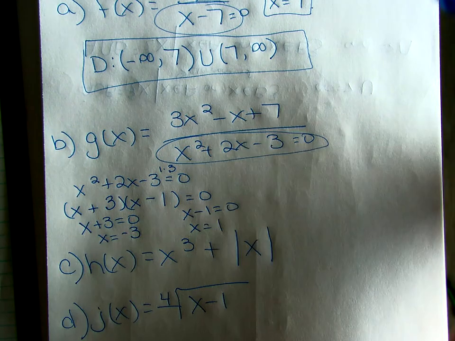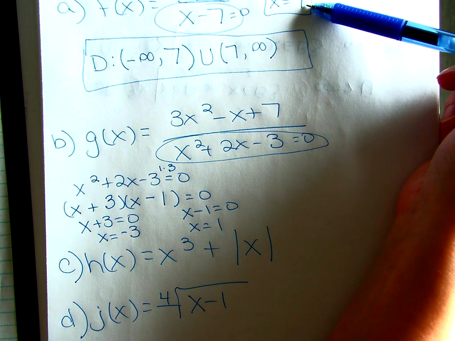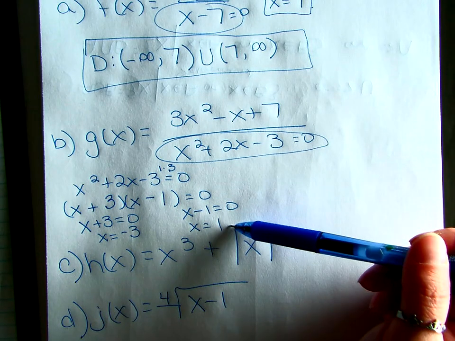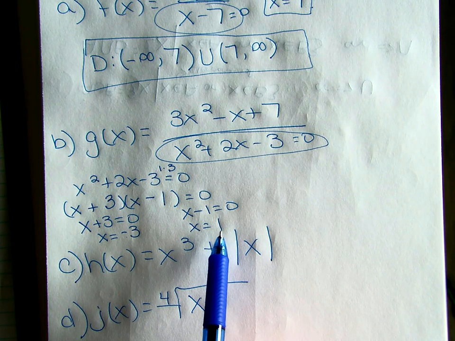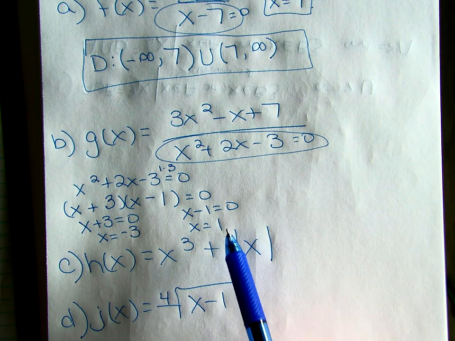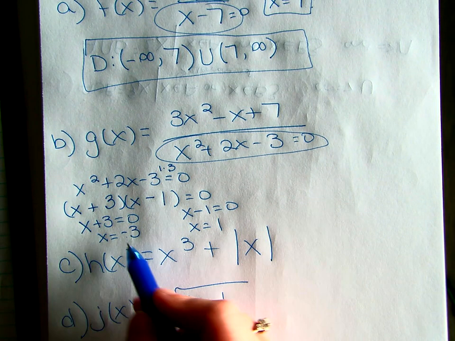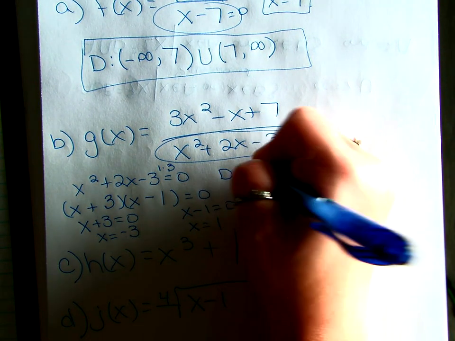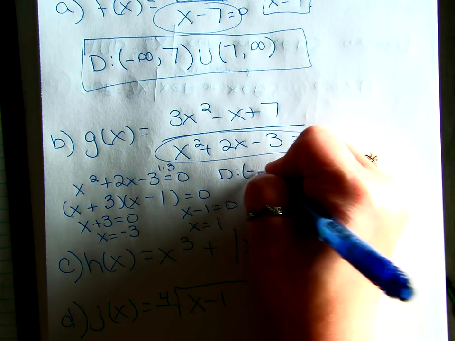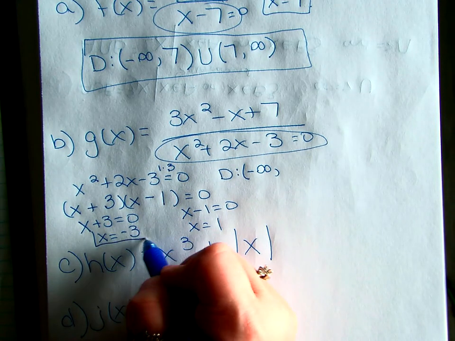So in our first example, our only trouble spot was when x equals 7. But in this new example, if x is -3 or if x is +1, then we're going to have troubles. So our domain is going to be a little bit more complicated because now I have to eliminate out both of those points. So the domain is, again, you start from -infinity and you go all the way up until you hit one of your trouble points.